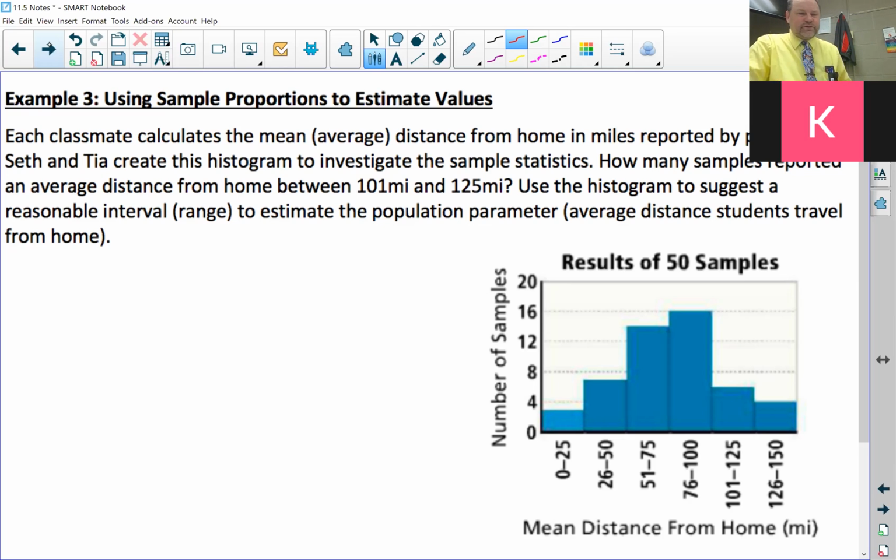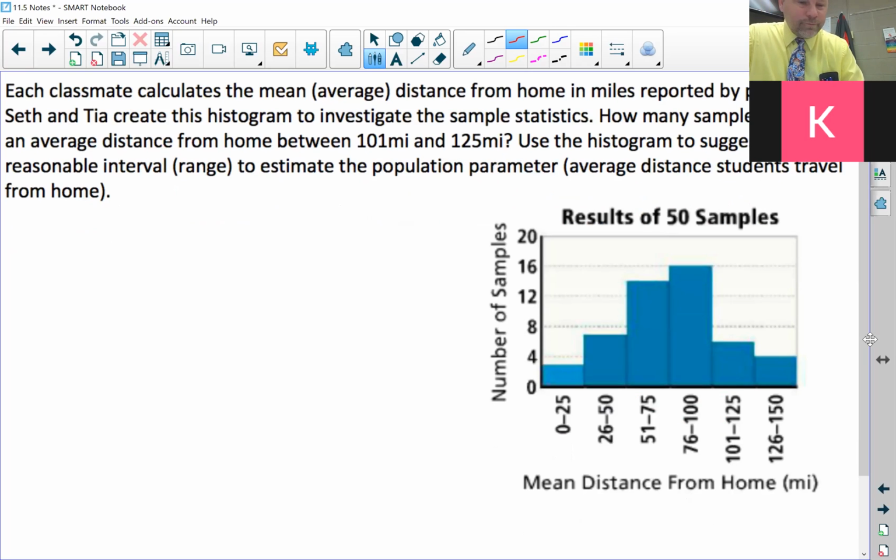Use the histogram to suggest a reasonable interval or range to estimate the population parameter, which is average distance students travel from home. So we're going to do a little poll, and I am going to set that up. It just takes a minute.